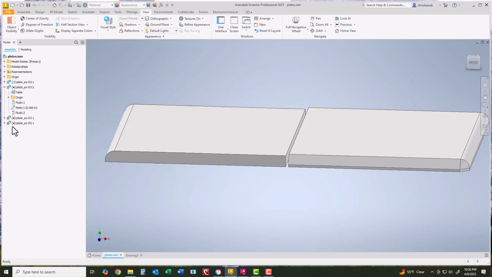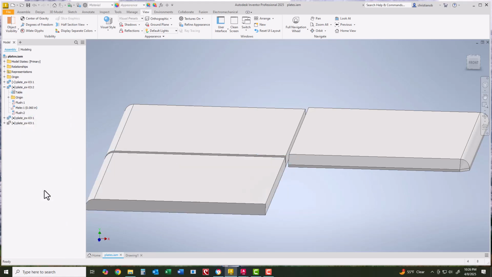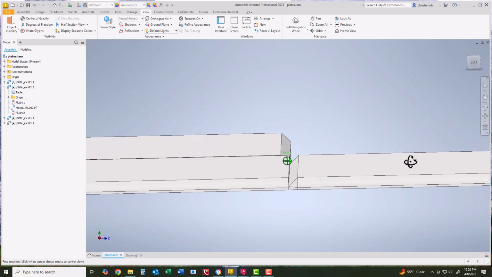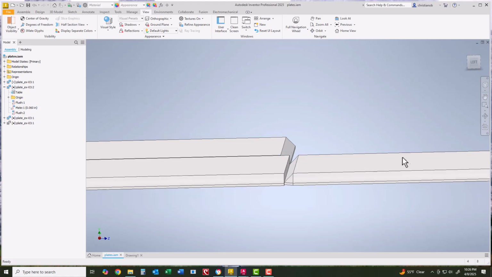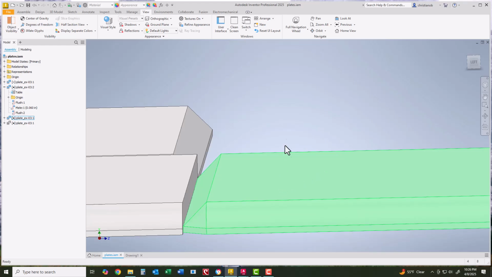If I were to add another type of plate here and look at this plate, this would be a flare groove. So what I've got is, I'm sorry, bevel groove.